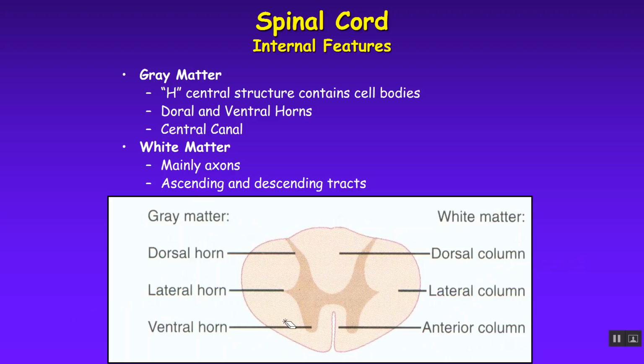We have the white matter now is these big columns here. So here's this one, we have this one, and this one. So we kind of have these posterior, lateral, and anterior columns of tracts of information coming down or up that spinal cord.